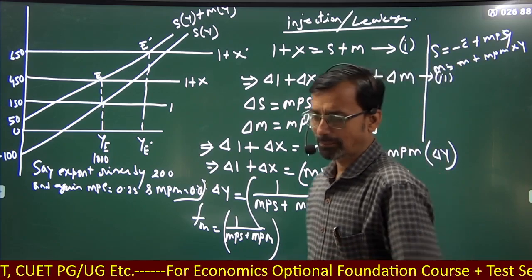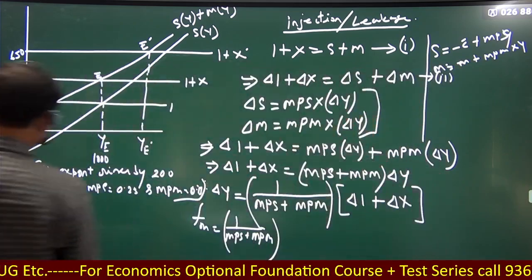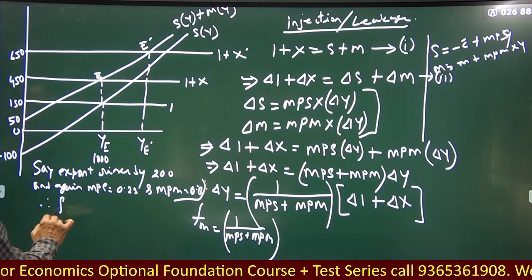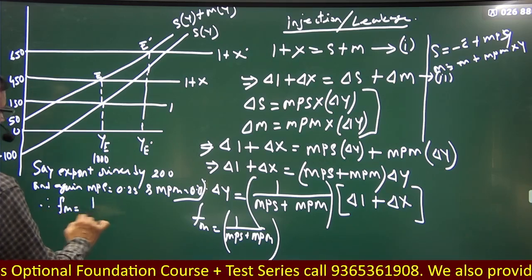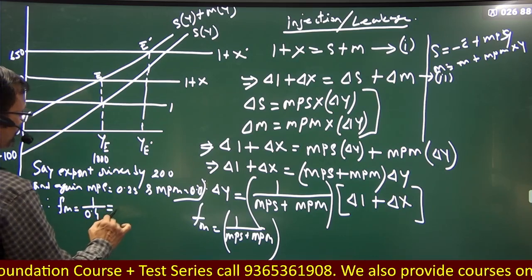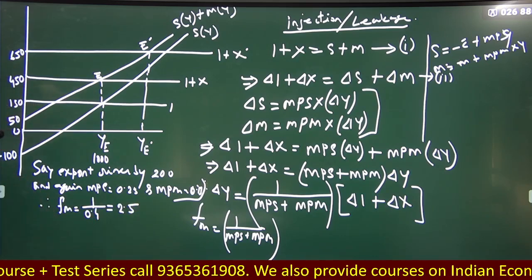So the foreign multiplier value is 1 by 0.4, which is 2.5.